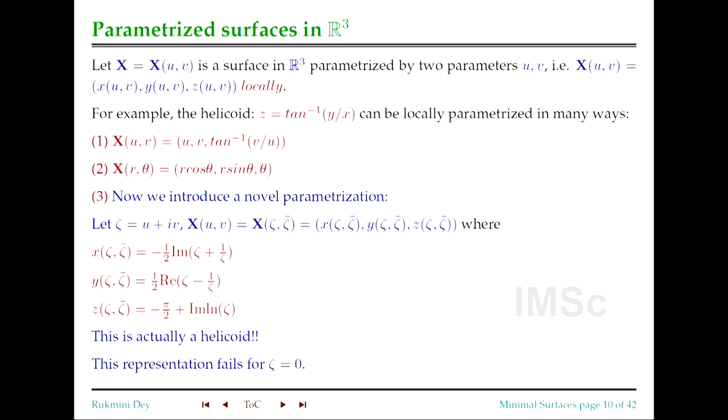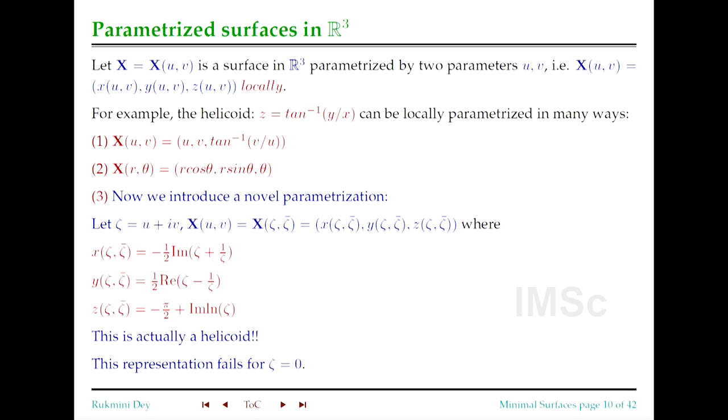But then we can also introduce a very novel parameterization in terms of complex numbers. You take zeta to be u plus i v, and you can write x of u v as x of zeta zeta bar, y of zeta zeta bar, z of zeta zeta bar, where x is minus half imaginary part of zeta plus 1 over zeta, y is half real part of zeta minus 1 over zeta, and z is minus pi by 2 imaginary part of ln zeta.